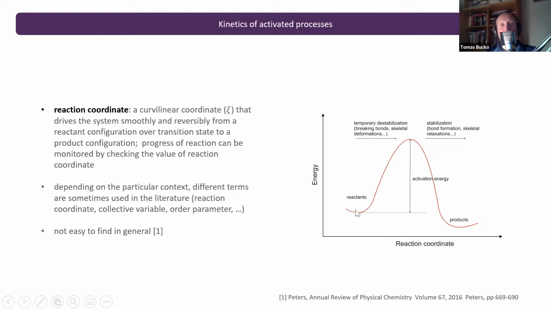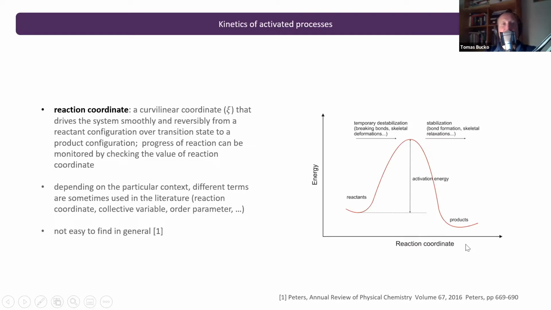That's some coordinate that is able to drive the system smoothly and reversibly from stable reactant over transition state to product, so that the process can be reverted at any point, and you would proceed via exactly the same kind of path. And the progress of the reaction could be uniquely monitored by the value of the reaction coordinate.